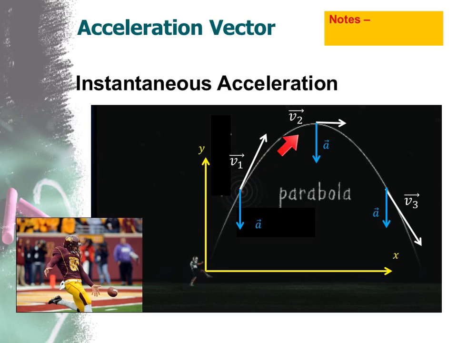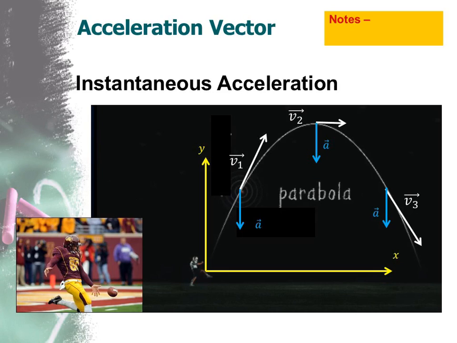So no matter where the ball is along this trajectory, the acceleration vector is always, always, always going to be pointing down. One very common misconception, by the way, is that when the ball is up here, there's no acceleration. And that's not true, and I'm actually going to show you why that's not true later on in the video. What's actually happening here is it still experiences an acceleration down at negative 9.8 meters per second squared.